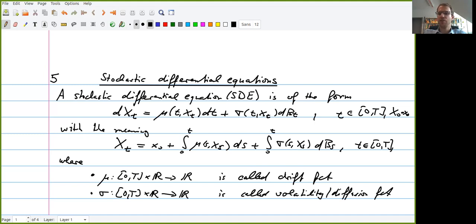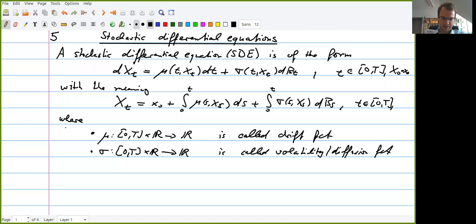So this gives you somehow a scaling of how heavily the solution fluctuates, because the Brownian motion describes the noise of the system. And x0 is just a real number, the initial condition. This is where the system is at time 0: we are at the value x0.